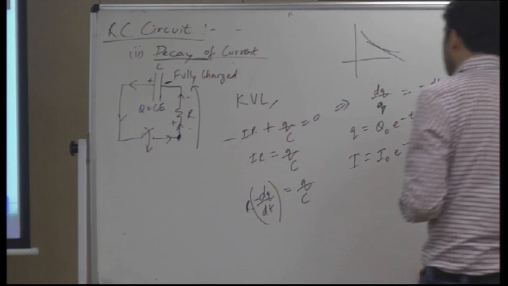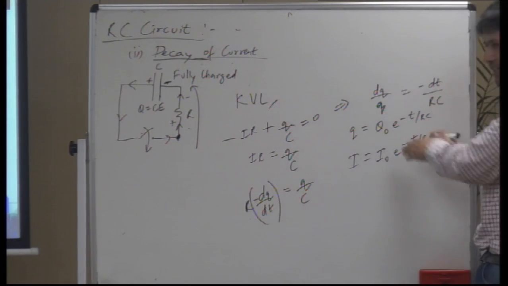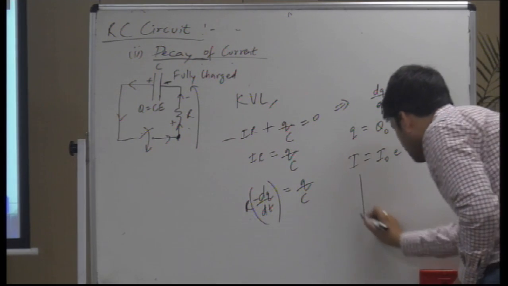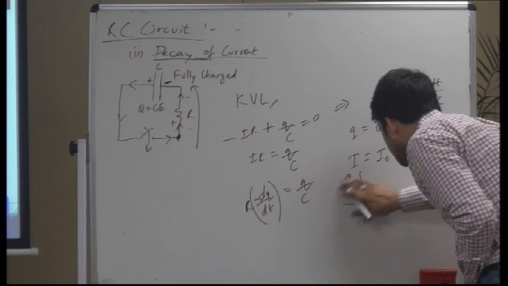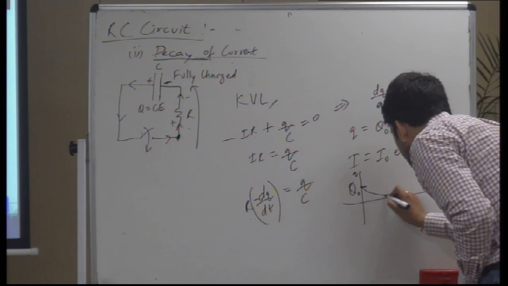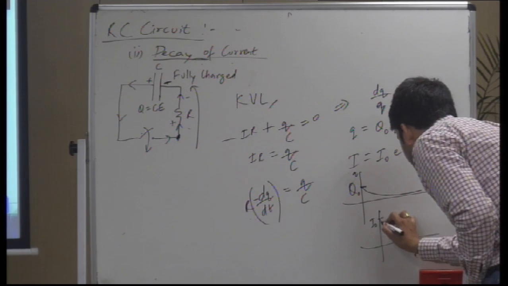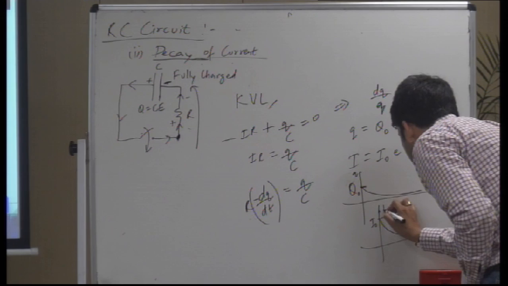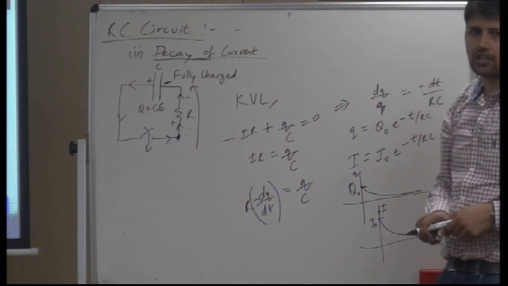You can draw the graph. Since both have similar functions, the graph for both would be this. The charge initially is Q naught and it decreases. The current initially is I naught and it decreases. The graph would be the same.